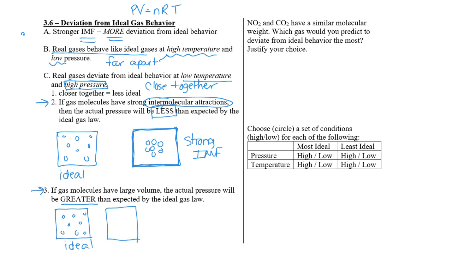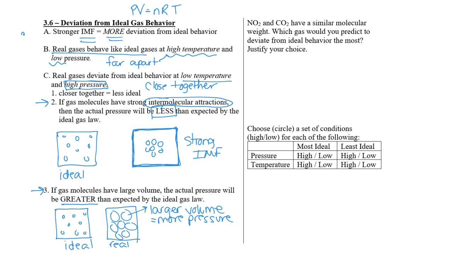So maybe my real gas molecules are a lot bigger and they take up more space. If those molecules have a larger volume and take up more space, then they're going to create more pressure because they'll collide with the container walls more often and with more surface area as well.